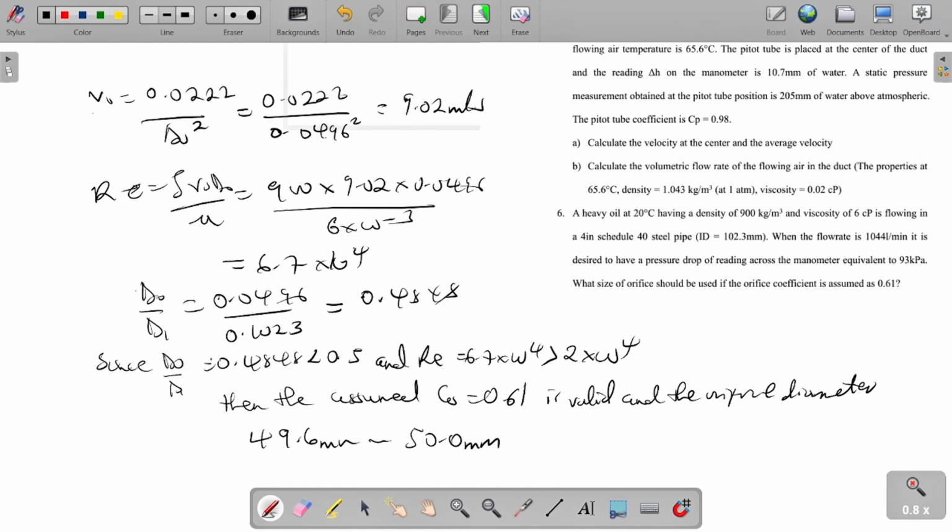So this is for you to confirm whether the assumed orifice coefficient was correct, to get you the correct size of the orifice. Please, you get it? So that would be for question 6.